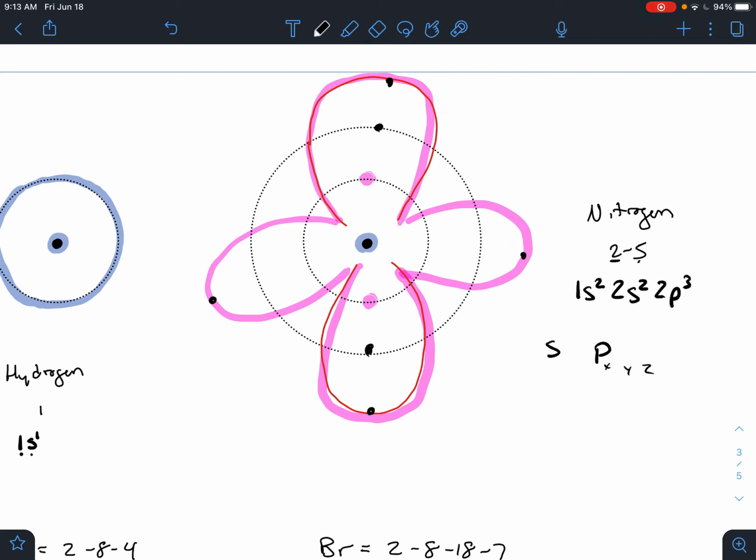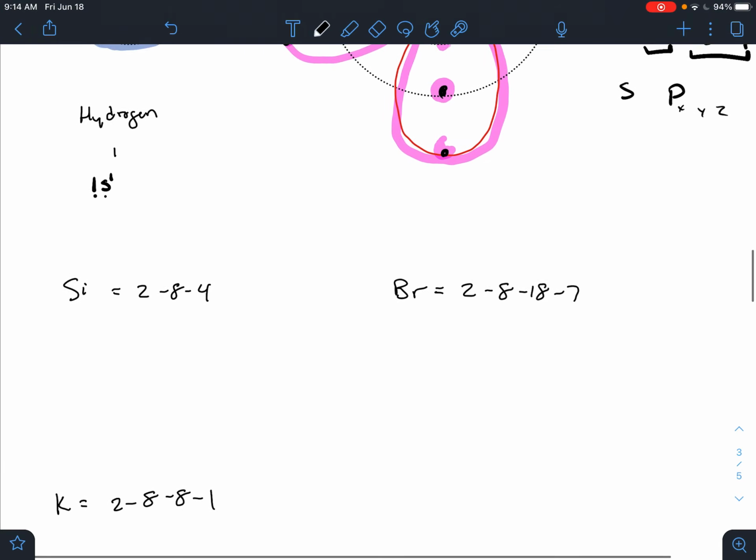Basically, we had 5 electrons in this second shell. So we put the 2 in the s first, and then we put 1 in each of those p's: 2p3. If you add this up, it's going to equal that. You add all the 1s up, they equal that. Let's keep going. You'll get a hang of it.